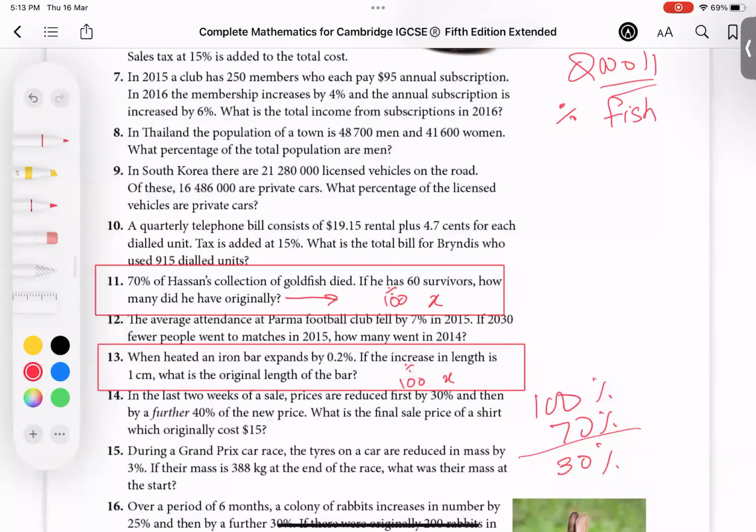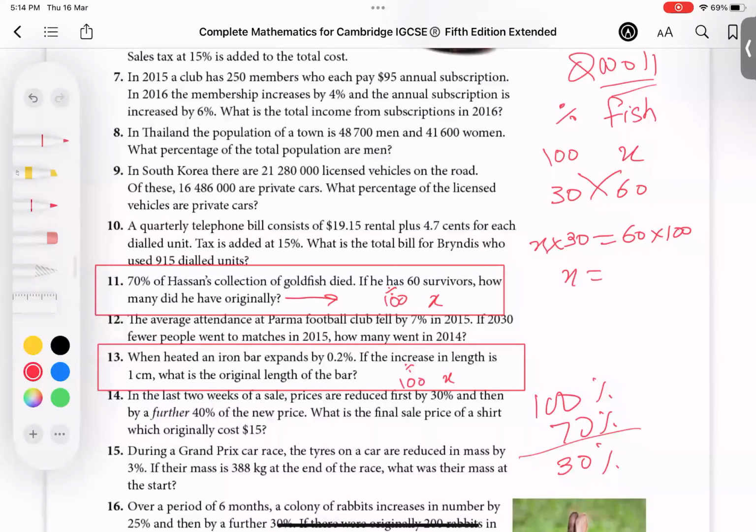And I said before, whenever he asks for the original, in front of 100 percentage, I will put X. This is a very important criterion. And the 30% which is left behind equals 60. So X times 30 is equal to 60 times 100.